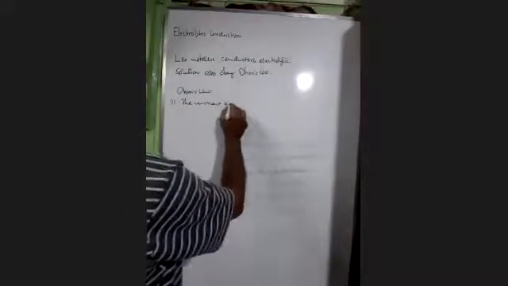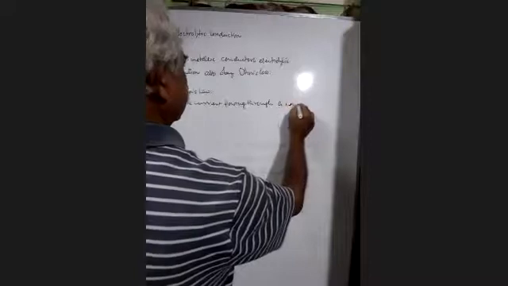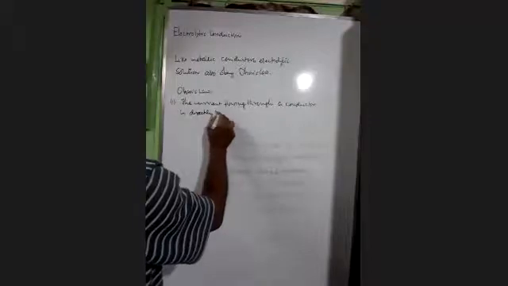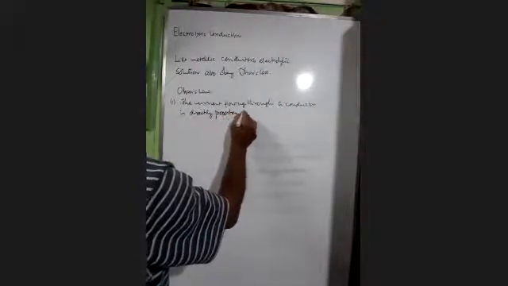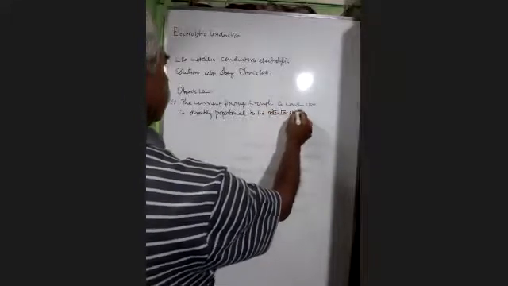What does it say? The current flowing through a conductor is directly proportional to the potential difference.